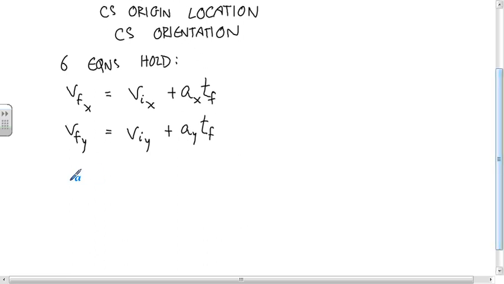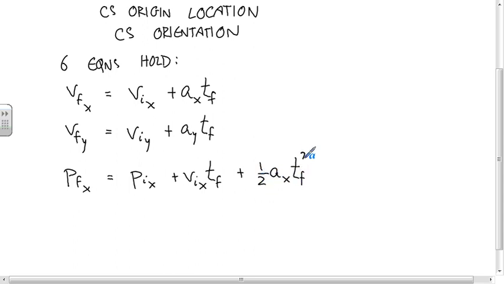Okay, the next 2 are PFX is equal to PIX plus VIX TF plus 1/2 AX TF squared. It's exactly like that equation in 1D, but it's just x components on anything that's a vector. And then the same thing with the y components.